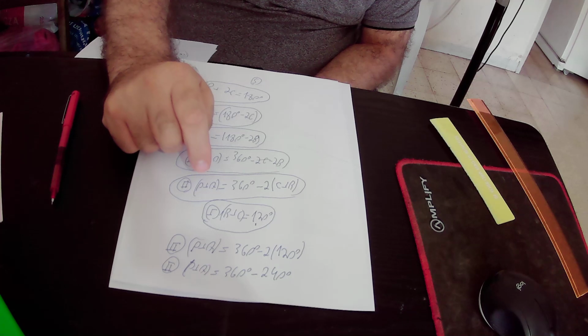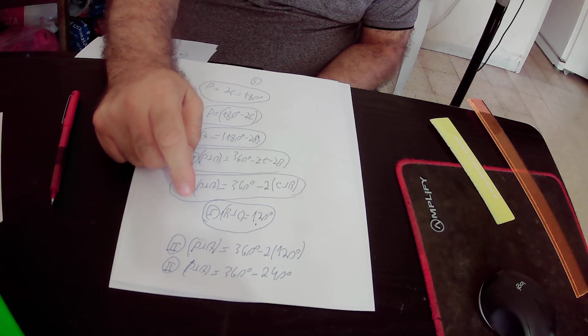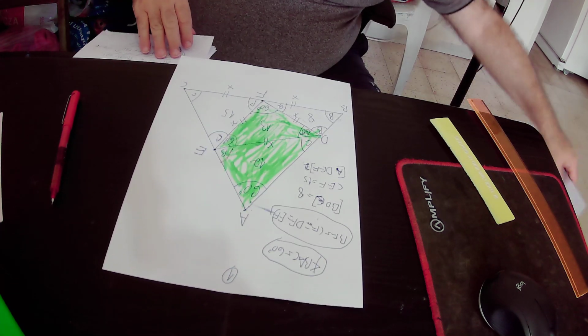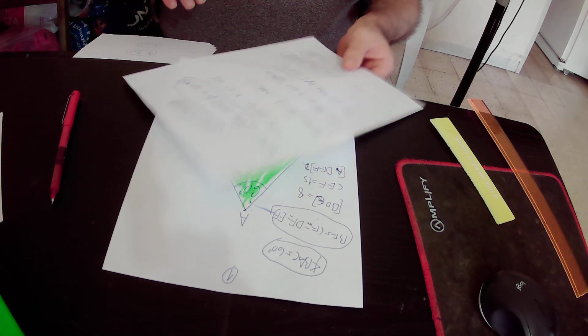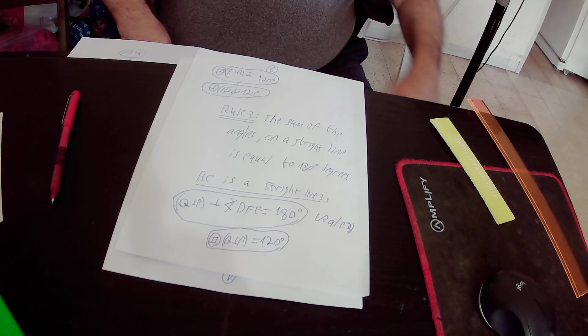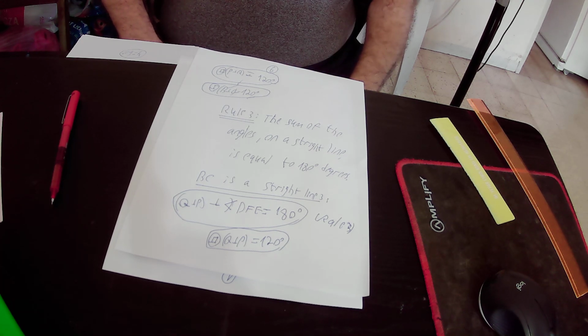We substituted, and we found out that P plus Q equals 120 degrees, and we have also already found out that B plus C equals 120 degrees. Then we have rule number 3 that states that the sum of the angles on a straight line is equal to 180 degrees.